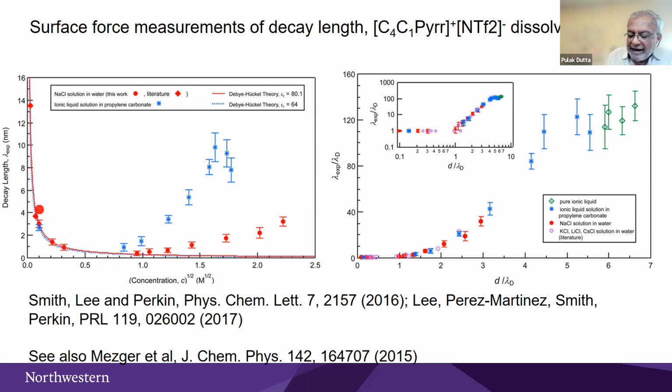And there's no lack of experiments confirming the shape of this curve in the dilute limit. But what they saw in the concentrated limit, more RTIL, is that the length went up again.